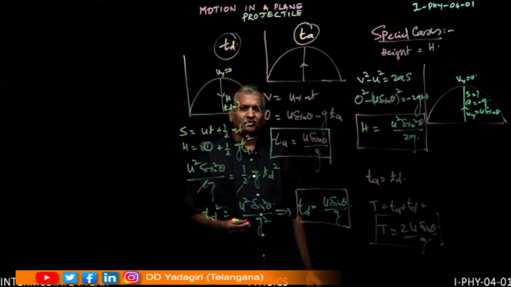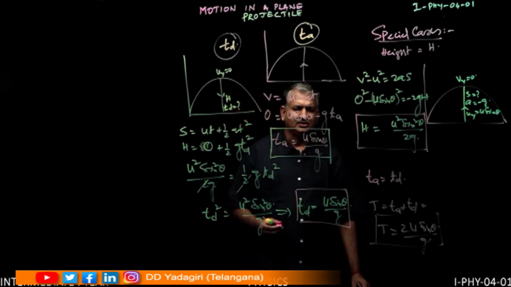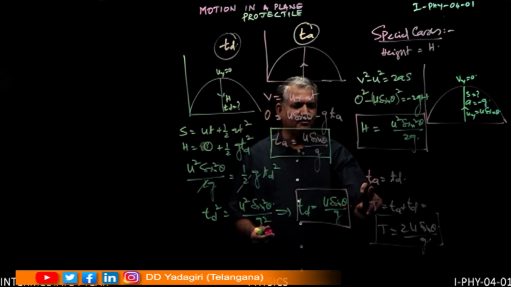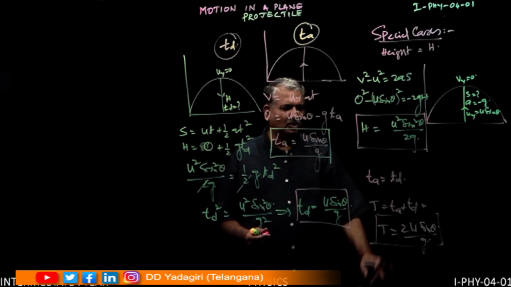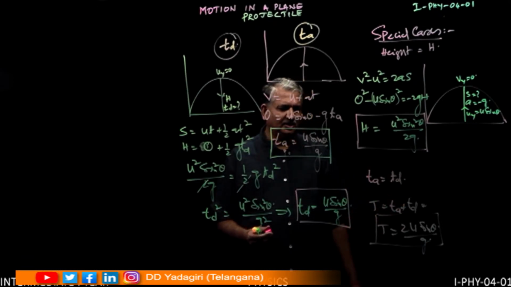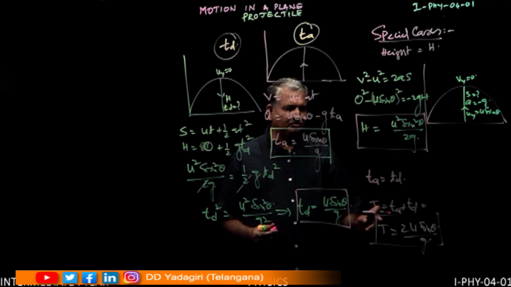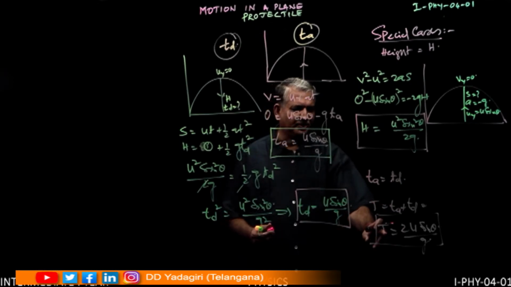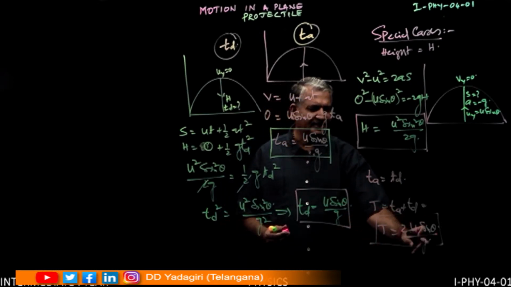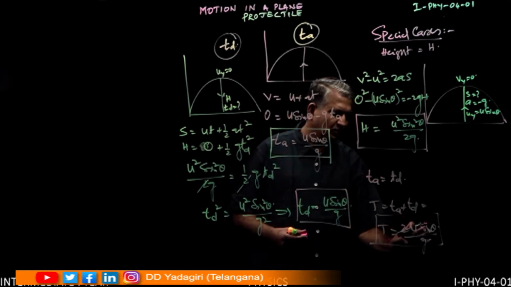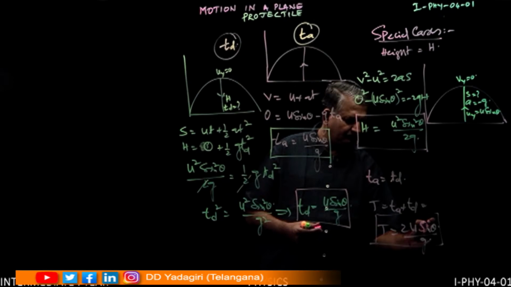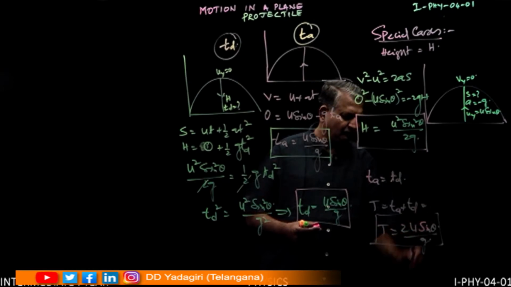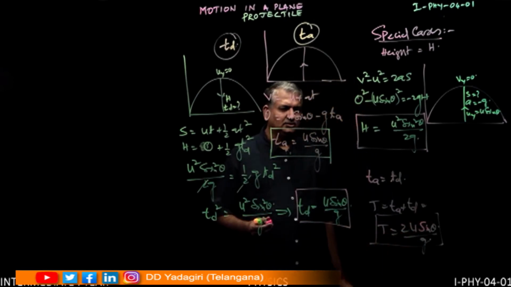Here we got time of flight. కాబట్టి పైకి పోవడానికి ఎంత కాలం పట్టిందో ఆరోహణ కాలం, అవరోహణ కాలాలు రెండు సమానం. ఆ మొత్తాన్ని మనం మొత్తం ప్రయాణ కాలం అంటాం. ఆ మొత్తం ప్రయాణ కాలం ఎంత వచ్చింది? 2u sin θ / g.